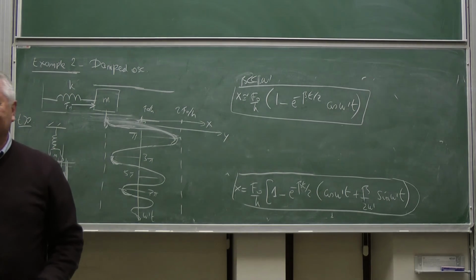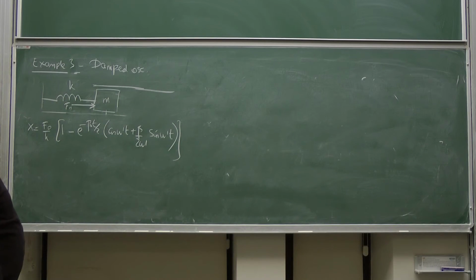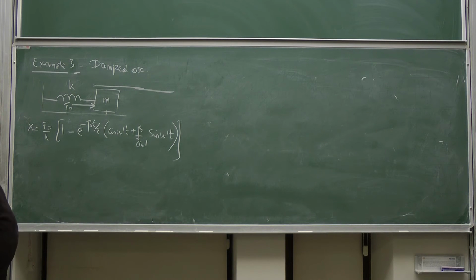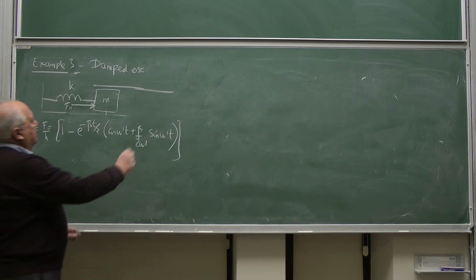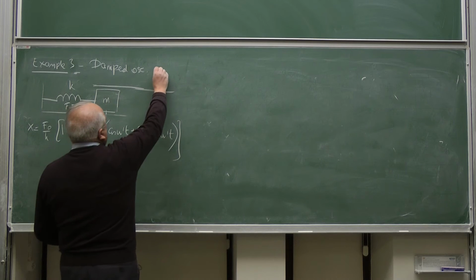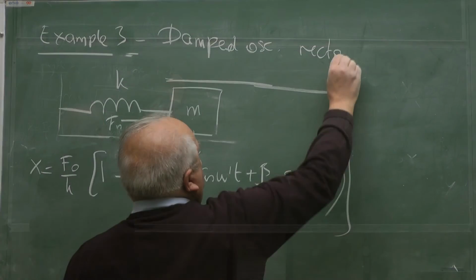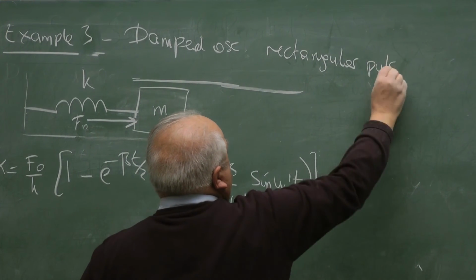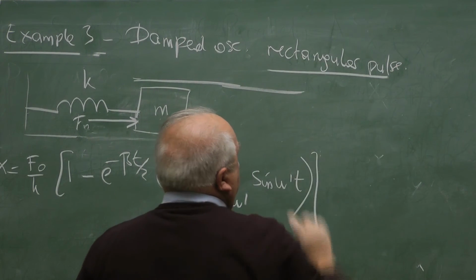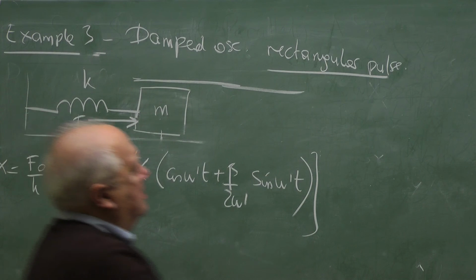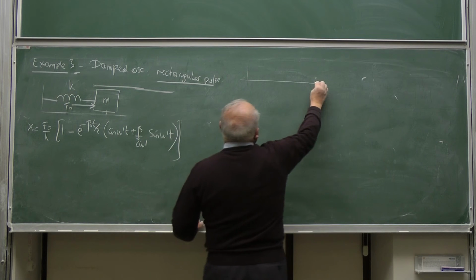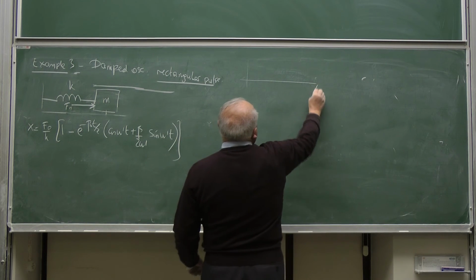All right. The last example with the damped oscillator, which, however, has a high Q value, is if we apply a rectangular pulse. By pulse, I mean this. Our oscillator was sitting still. This is time t.